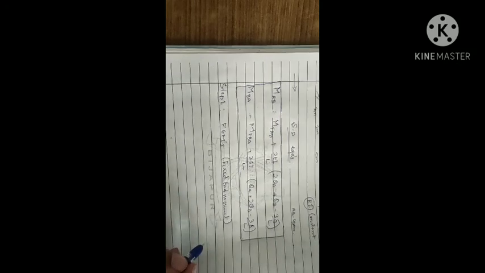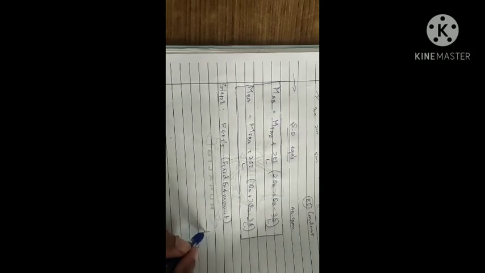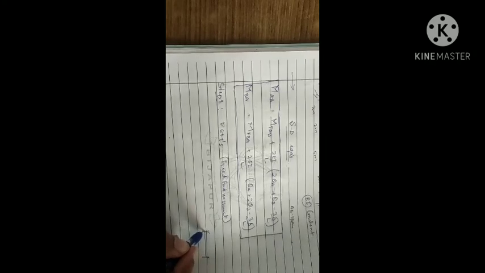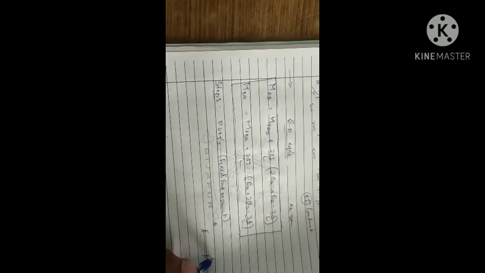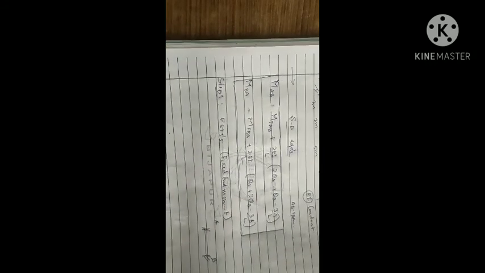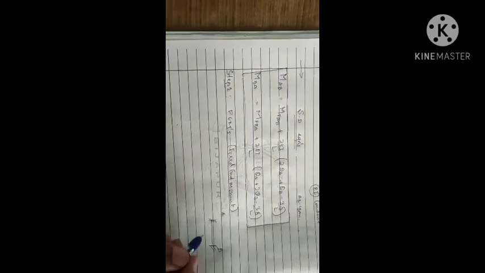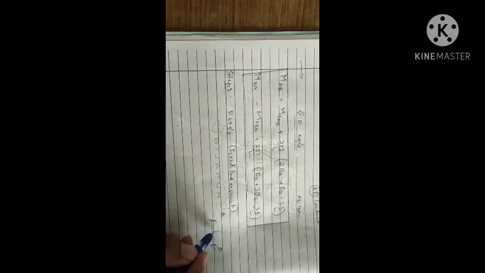So for fixed end moment, first you should consider the AB span, both ends are fixed. This is A and this is B. For AB span, what is the type of load? Type of load is a point load at the center, that is 50, exactly at the center, 2 meters, 2 meters.